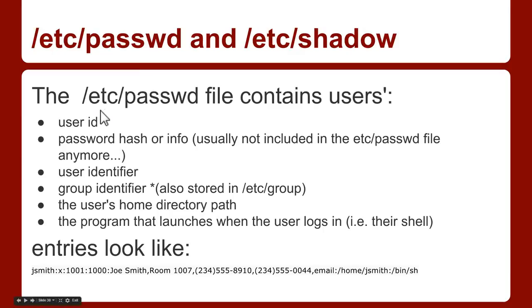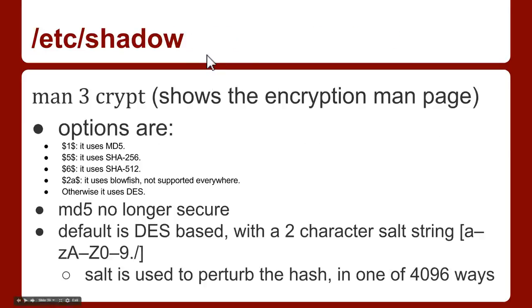So actually there are legitimate uses for other users that are not root to read the /etc/passwd file. So instead of storing the password hash here, it lists an X to tell the system if you're looking for a password hash, it's in the /etc/shadow file, which is only accessible to the root user, which solved that problem. So you can no longer get the password hashes just from any account.